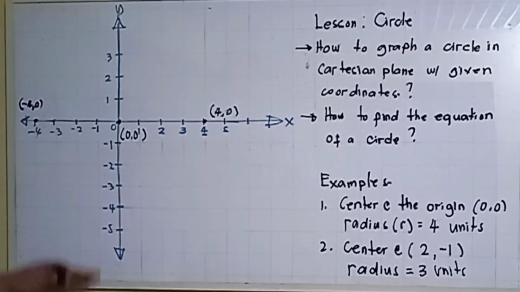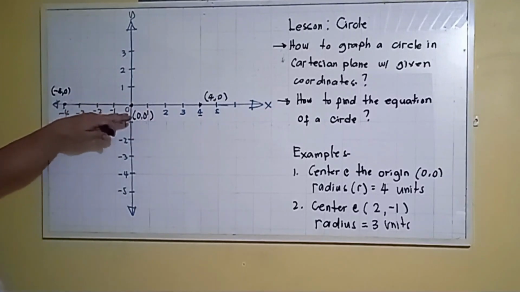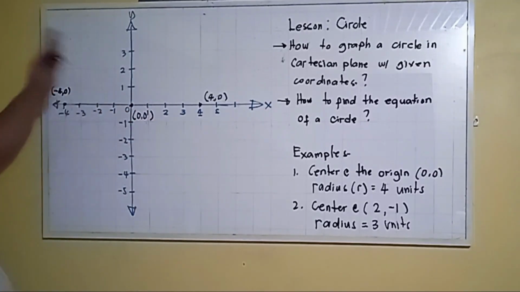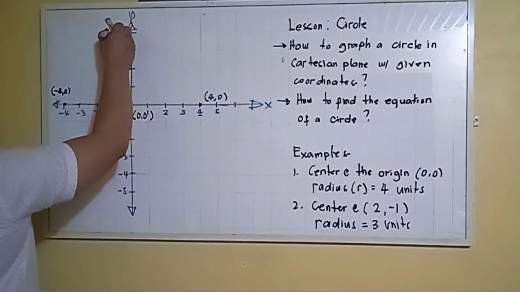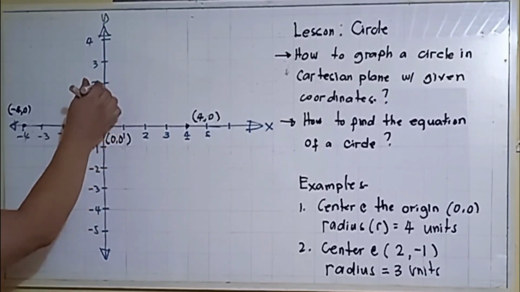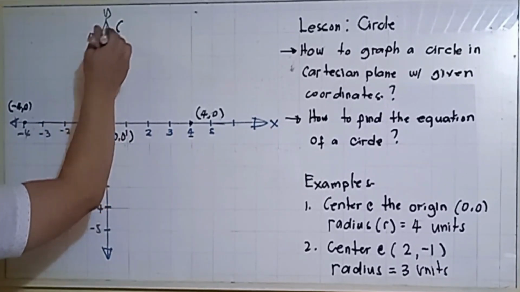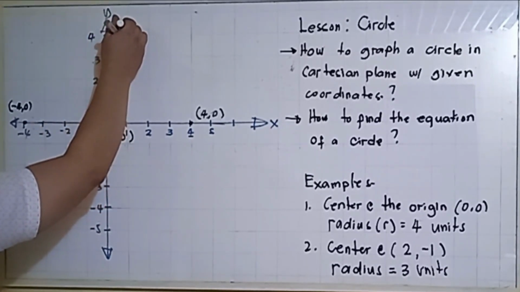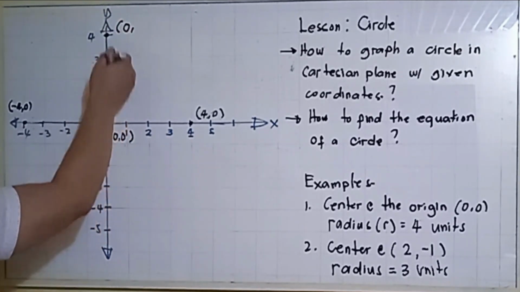Susunod, kunin na naman natin yung distance, radius r, from origin, from the center, papunta sa taas. One, 2, 3, 4. So, ito yung isa sa mga coordinates ng circle. X is 0, y is 1, 2, 3, 4.